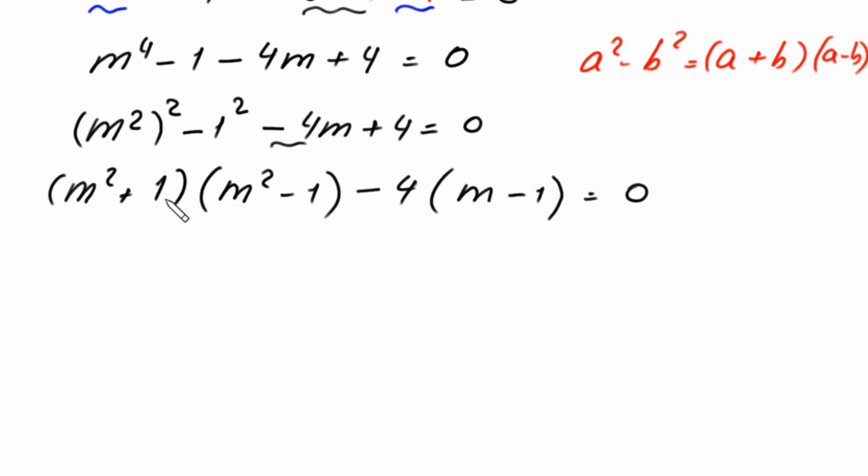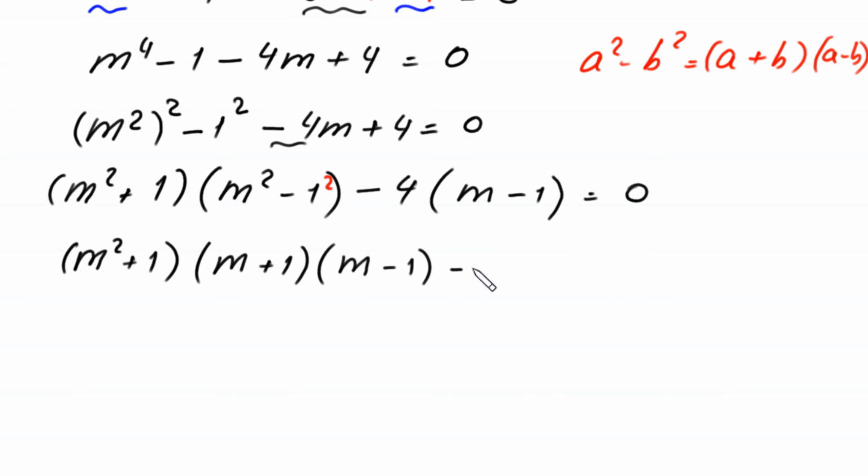Next, m^2 + 1 times this m^2 - 1, this 1 is same as 1^2. So by using this algebraic identity, this m^2 - 1^2 will become (m + 1)(m - 1), minus 4 times (m - 1) is equal to 0.